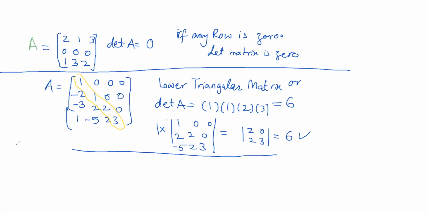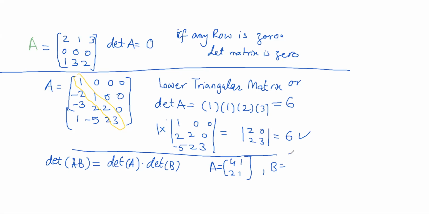So the next property of the determinant is that if we have 2 matrices, A and B, then the determinant of AB will be equal to the determinant of A times the determinant of B. We can verify this by taking certain values. For example, A is 4, 1, 2, 1, and B is minus 1, 0, 4, 1.